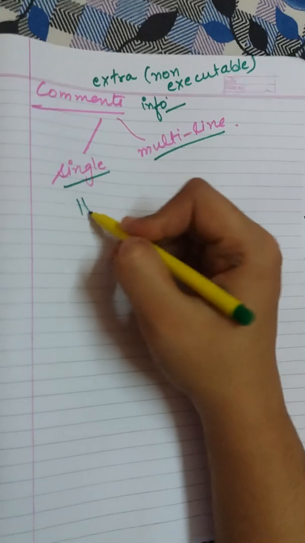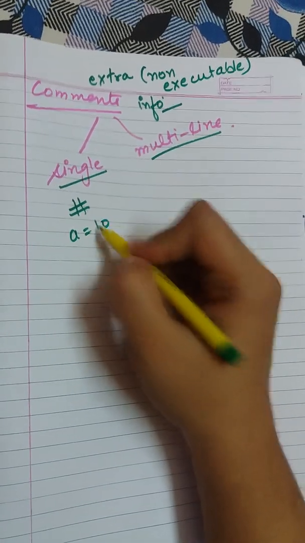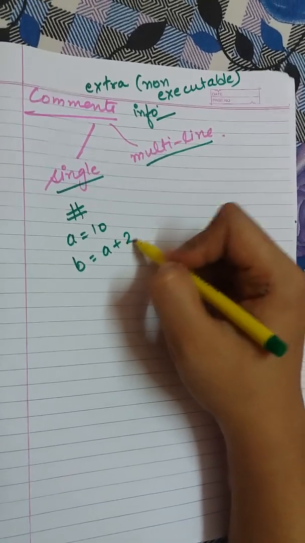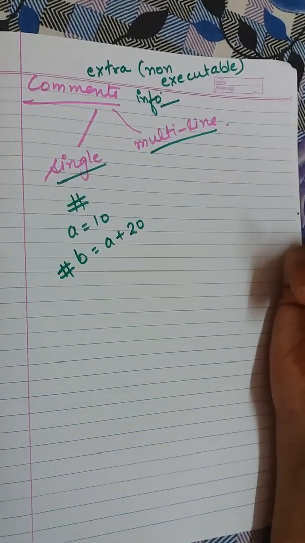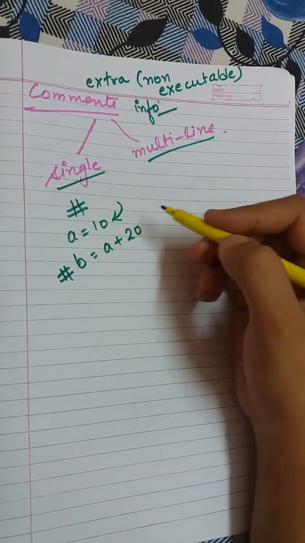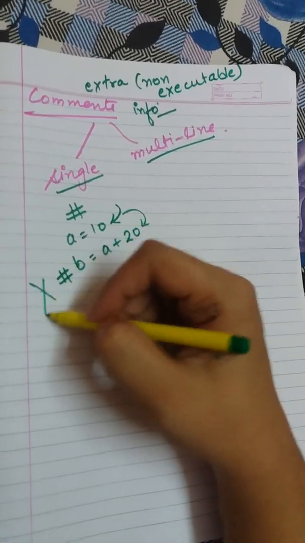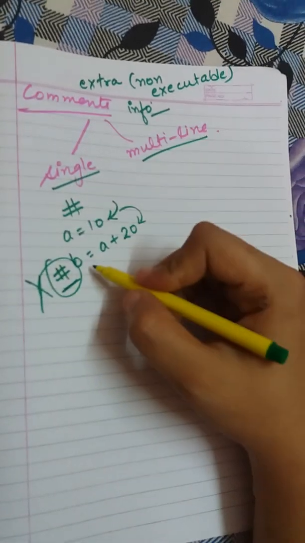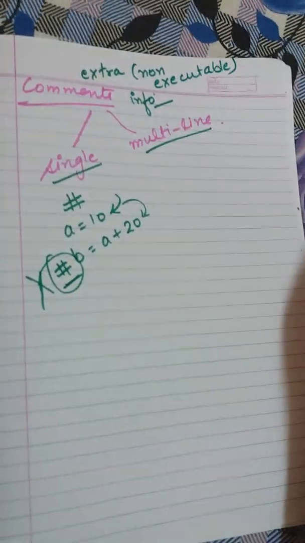For single line, I will use this symbol, hash. For example, a is equal to 10 I am writing, and I am writing b is equal to a plus 20. Now in front of b I am putting this symbol hash. So when the program starts executing and comes here, it will not execute this, because it will see this symbol first and then it will leave this line as extra information that is non-executable.